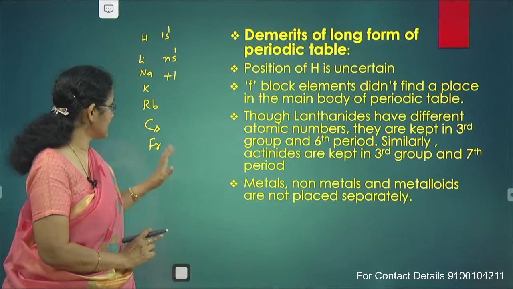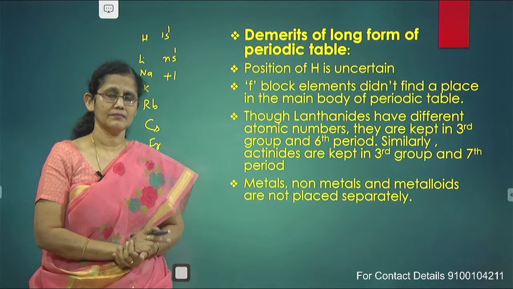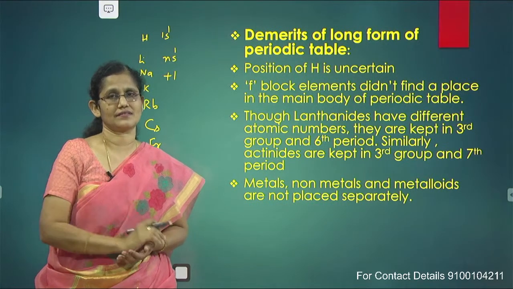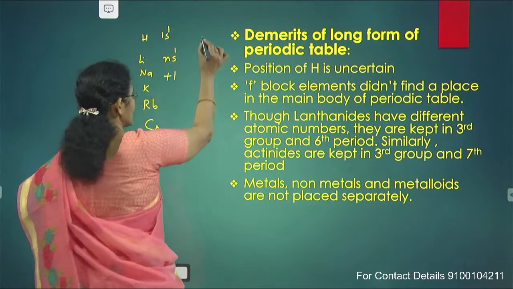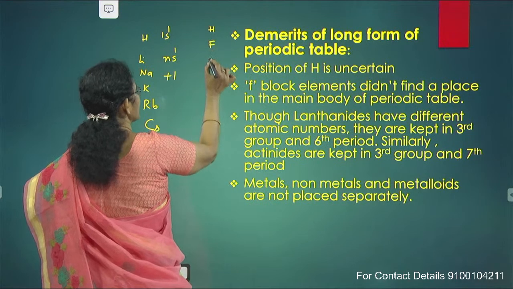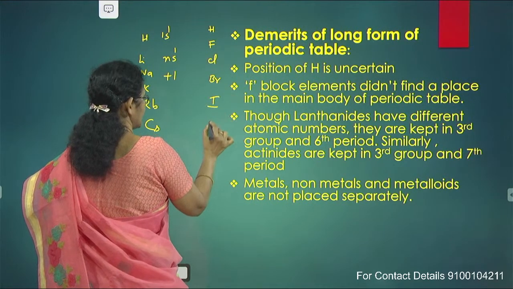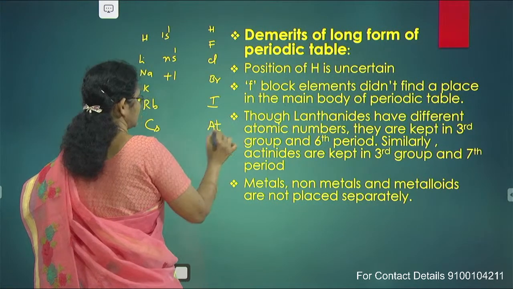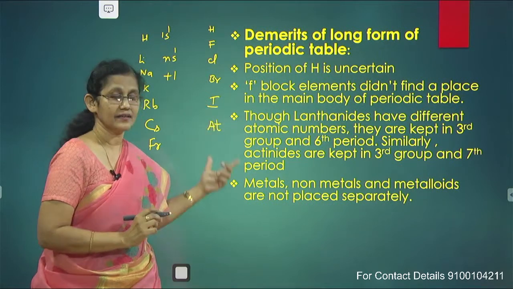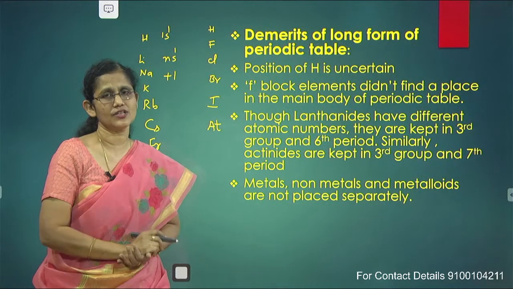So in some properties it shows similarity with first group elements, but in some properties hydrogen resembles halogens. It can be placed under halogens: fluorine, chlorine, bromine, iodine, astatine. All these elements have ns2 np5 valency configuration.